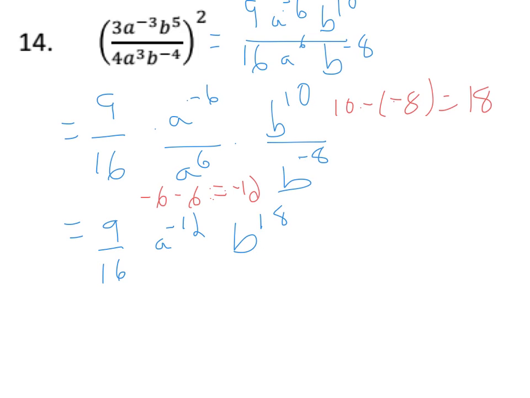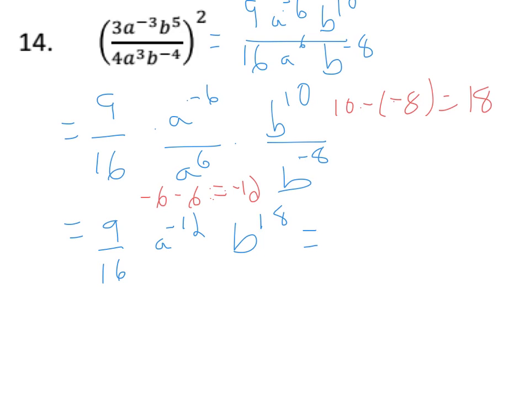Alright, one last thing to deal with, and that's this wretched negative exponent, this misbehaving child. Now, this right here is the only item that's got a negative exponent on it. So the only things that you move up and down are just the ones with negative exponents. If you try to move anything else, you're just asking for trouble.